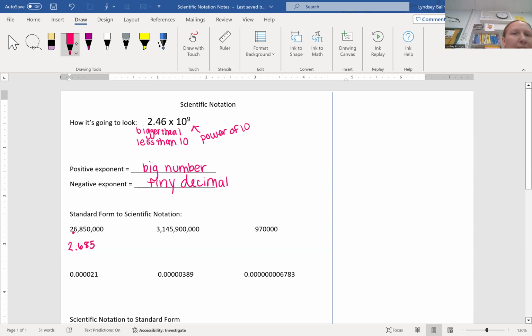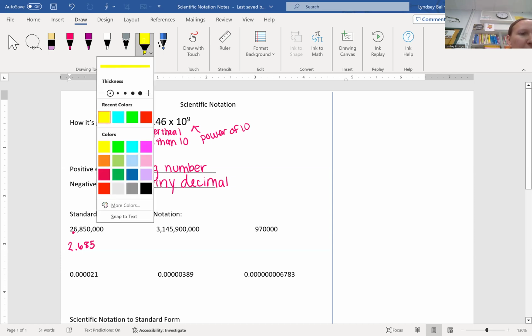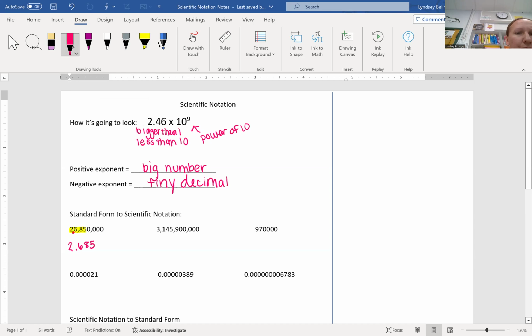I include any of the digits before that string of zeros at the end. And then we are going to say times 10 to a certain power. Now it's going to be a positive exponent because it's a big number. Essentially we're saying how many decimal places did we just throw in here? Remember that in a whole number, there's an invisible decimal at the end of the number.